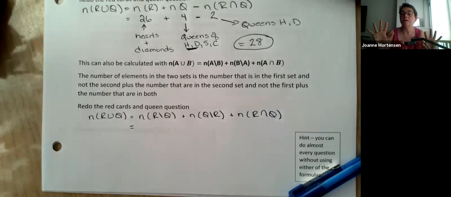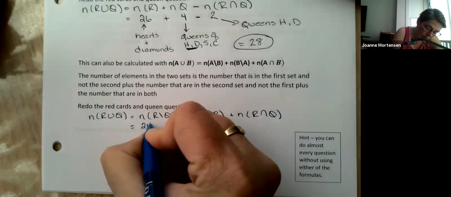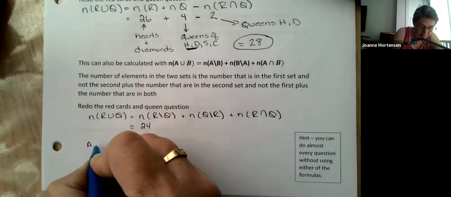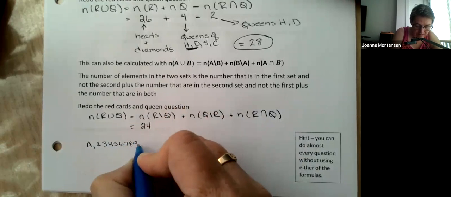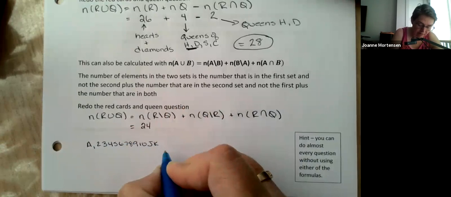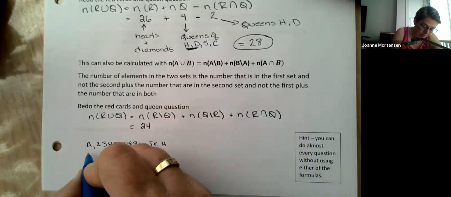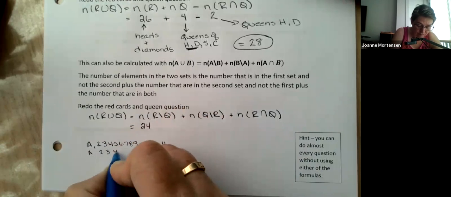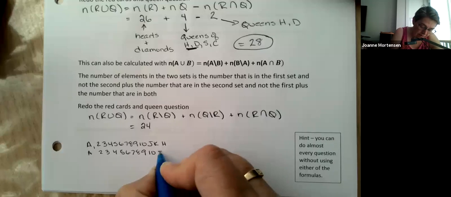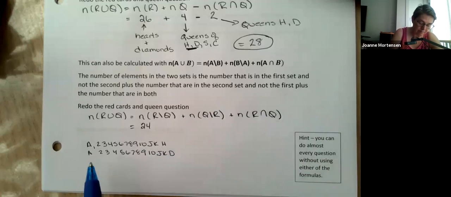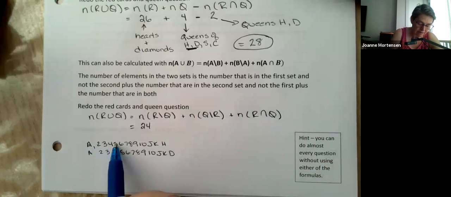So that's going to be 12 diamonds and 12 hearts: ace to jack and king of hearts, and ace to jack and king of diamonds. So 1, 2, 3, up to 12, times 2 is 24.